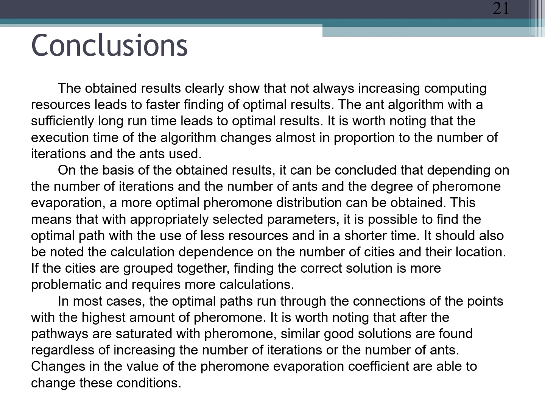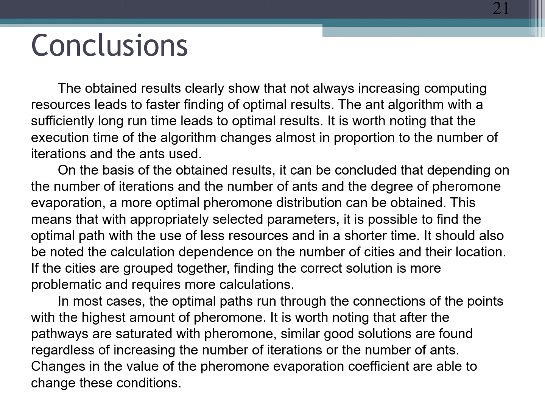On the basis of the obtained results, it can be concluded that depending on the number of iterations, the number of ants and the degree of pheromone evaporation, a more optimal pheromone distribution can be obtained. This means that with appropriately selected parameters, it is possible to find the optimal path with the use of fewer resources and in a shorter time.